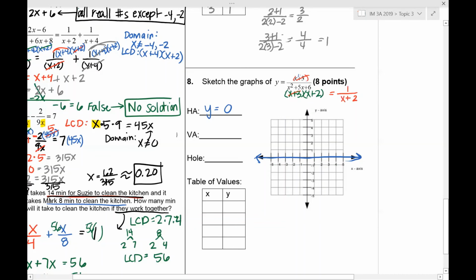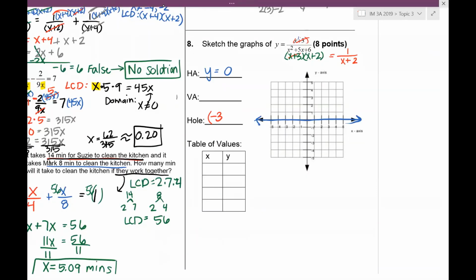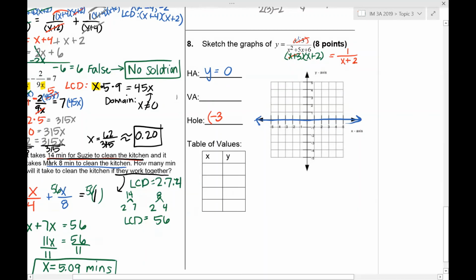Since this reduced at x plus 3, my hole is going to have an x coordinate of -3. So -3 is going to be a hole rather than a vertical asymptote. And the denominator that's left over is x plus 2, so our vertical asymptote is going to be at x equals -2.